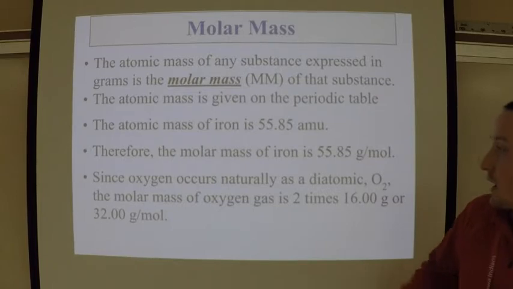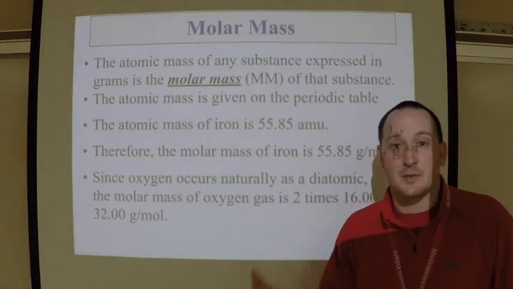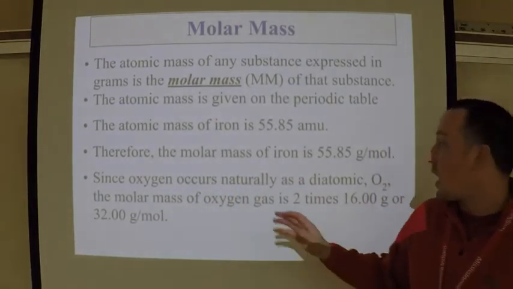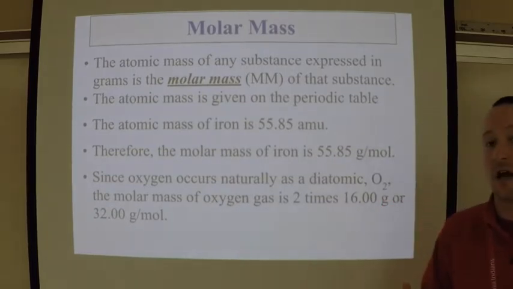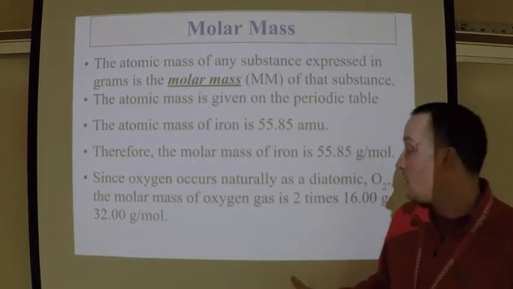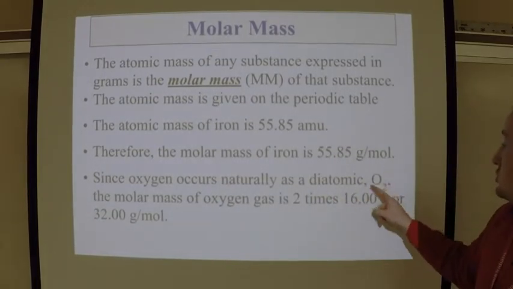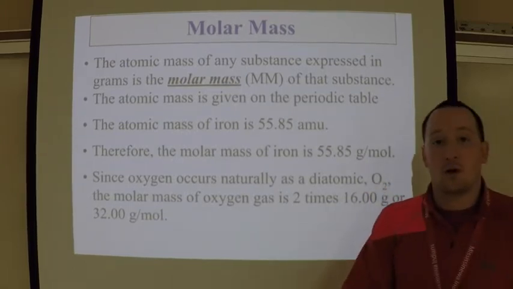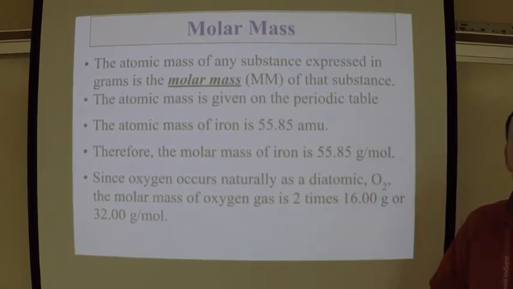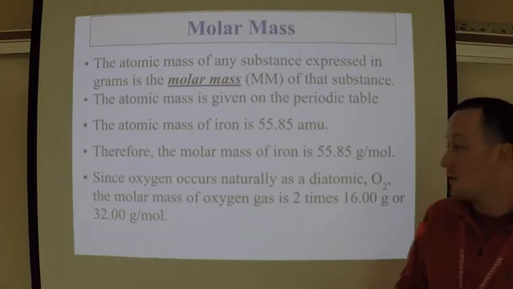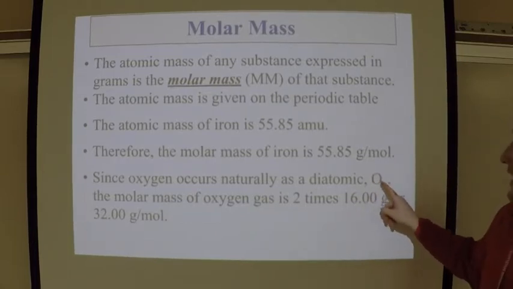Okay? Now, oxygen, remember we talked about this in our chemical reactions unit, occurs naturally as a diatomic molecule, which means oxygen O2. If I look on the periodic table and find its molar mass, it's going to say that it's 16. Well, O2 has 2 oxygens.